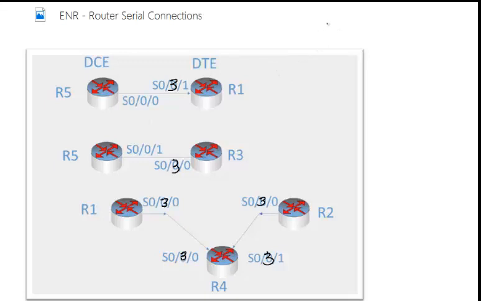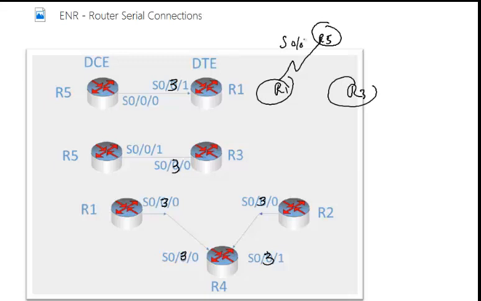So here the connection is this way. This is R5, R1, R3. Serial 0/0/0 on R5 is being connected to serial 0/3/1 on R1.